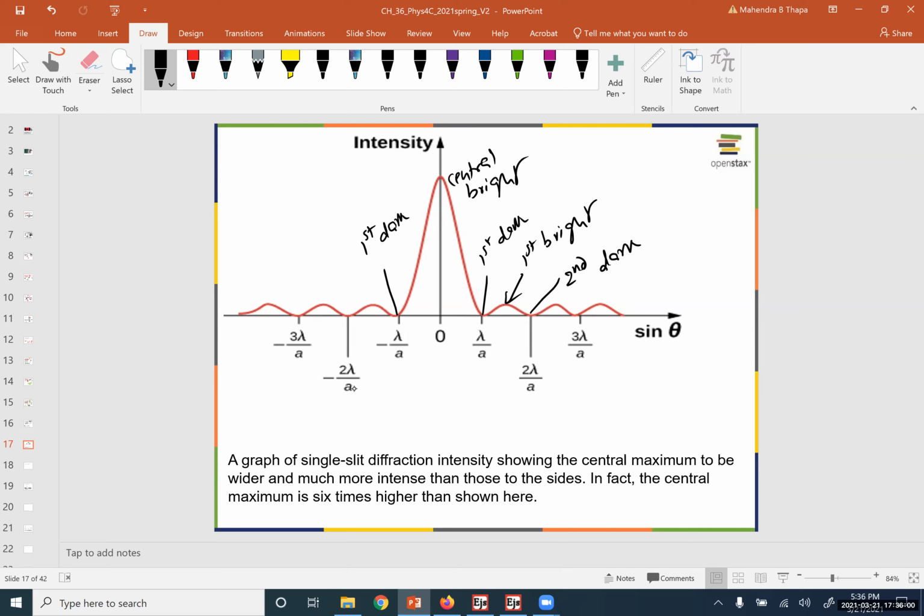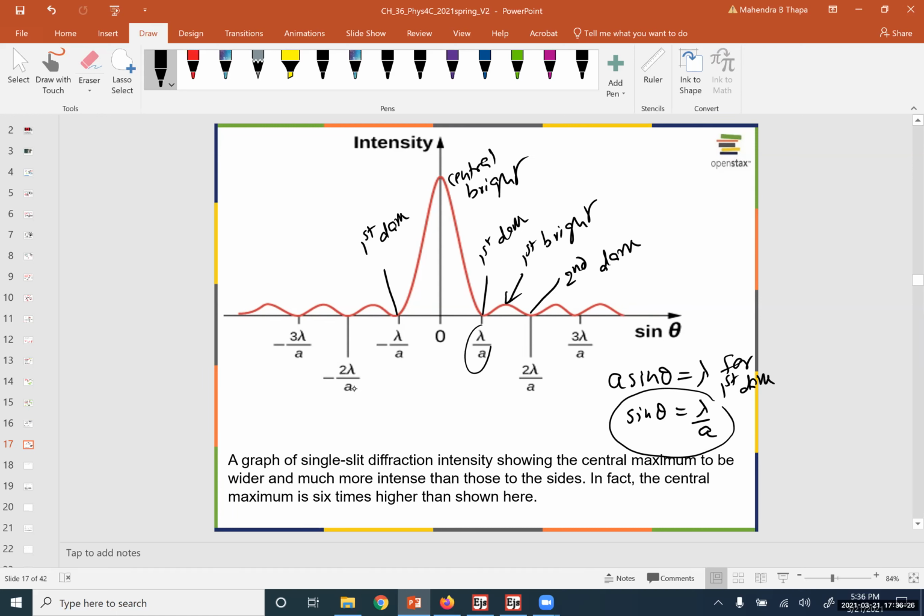But the question is, we are plotting here intensity against sine theta. For example, A sine theta equals lambda for the first dark. So this means sine theta equals lambda over A. So these are basically the values of sine theta.